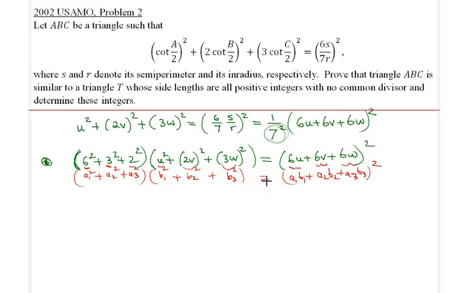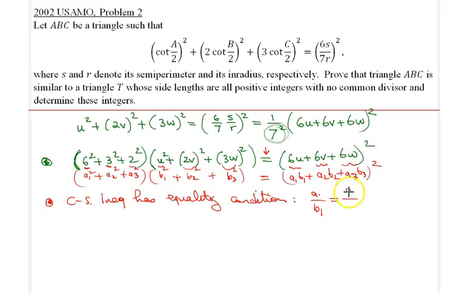Because of that, we start thinking, because this is supposed to be an inequality here. However, we see that the equality condition is satisfied. So let's write that down here: the Cauchy-Schwarz inequality has equality condition a1 over b1 is equal to a2 over b2, which is equal to a3 over b3.